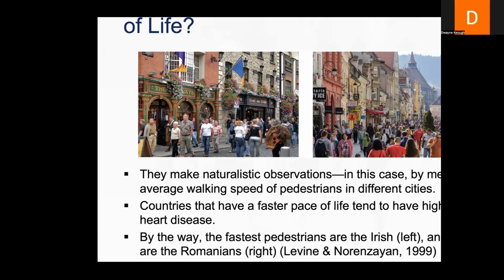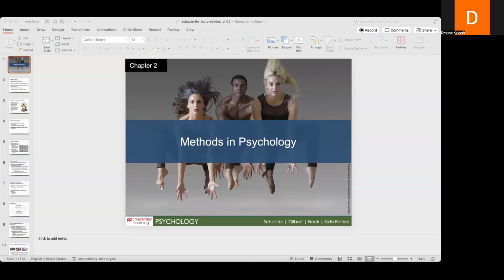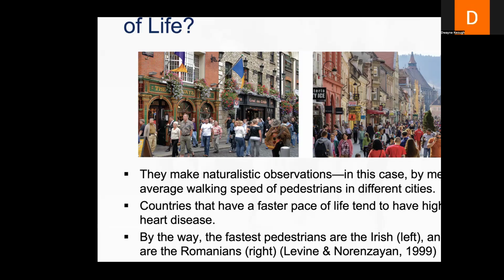Or is it the less pressure by walking more slowly and casually and just indifferent, taking it all in? But what's linked to heart disease? Is it alcohol consumption, which I'm pretty sure the Irish probably hold the record for that? Of course, I'm just kidding. Is it food consumption? Is it a combination of the two? Again, we can observe lots of things in the real world. It's important that we think critically about the conclusions to why they would occur, what might connect the dots, if you will.